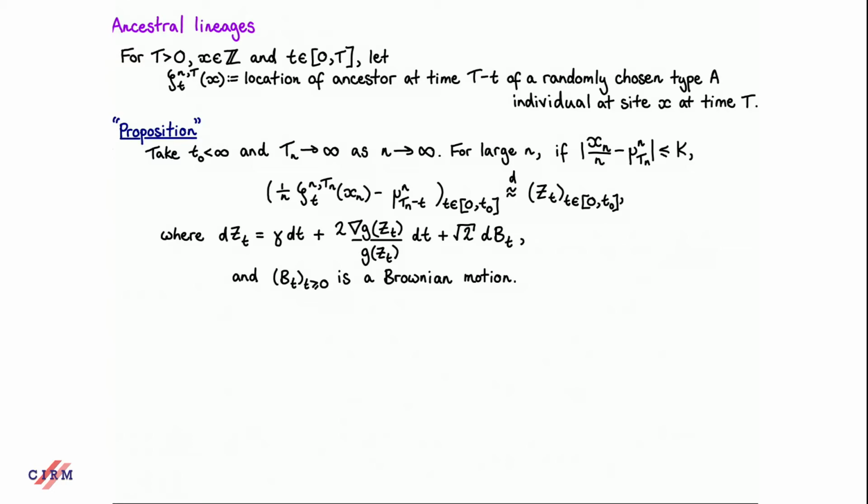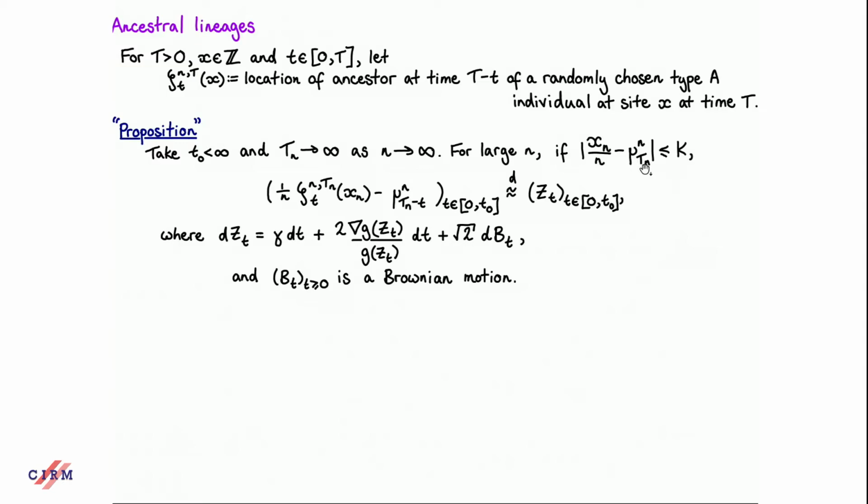But if we take a finite constant t0, and if we let capital Tn go to infinity as n goes to infinity, we're going to sample a type capital A individual at this time capital Tn and at a location xn. So we want xn to be not too far from the front at time capital Tn. So when we rescale xn by 1 over n, we want it to be at most a large constant capital K away from mu n Tn.